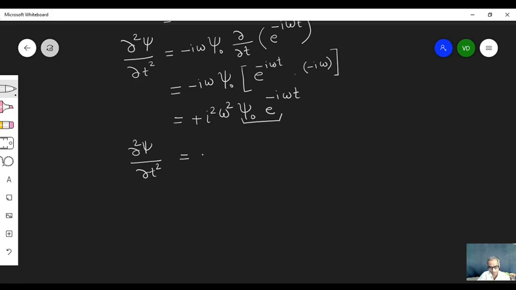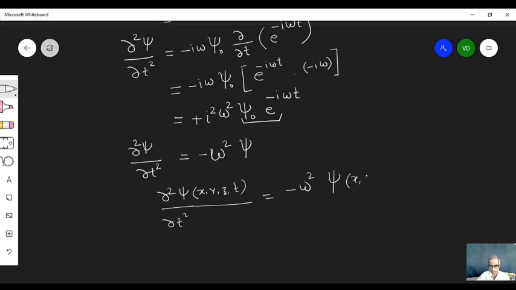I square is minus 1, as we know, so in detail we can write del 2 psi, where psi is a function of x, y, z, t, divided by del t square, is equal to minus omega square psi, where psi is the function of x, y, z and t.